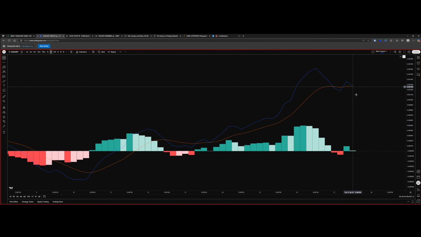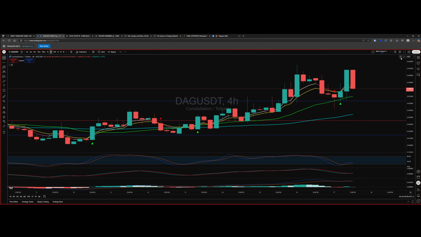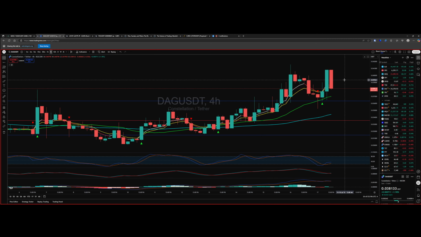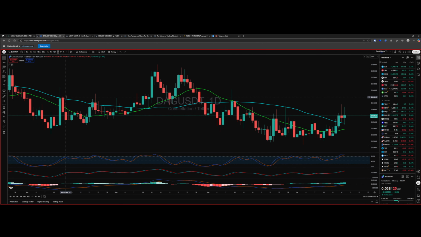But I don't like how it wants to cross down like this, because whenever I've seen that, it usually has some momentum behind it. And these are just the little cues that our charts tell us from time to time that we pay attention to. And it doesn't matter what we're looking at.